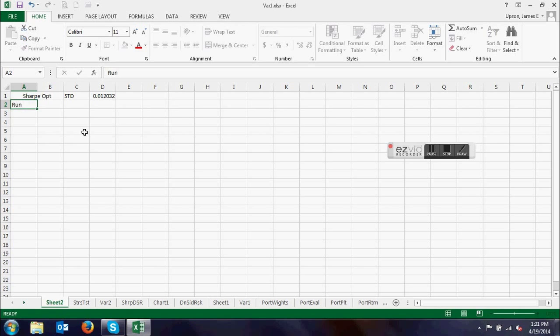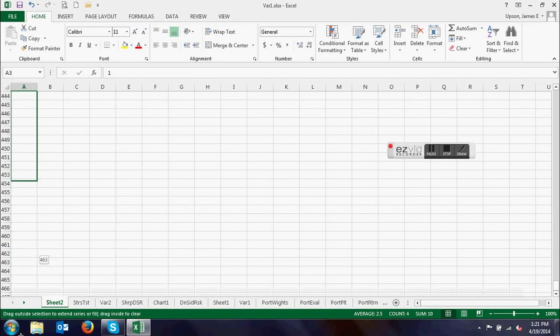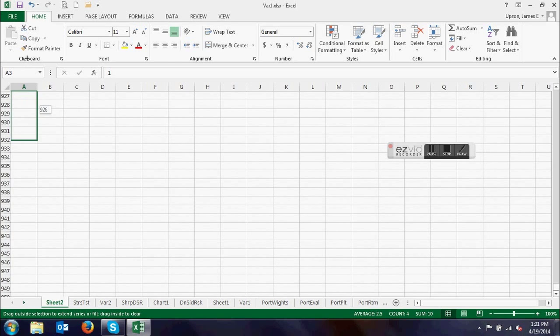So run, RTRN, loss. The run is going to be, again, 1 through 500. For this Monte Carlo simulation, we don't necessarily need 500, but we can work with it. It just matches. We could do 1,000, we could do 100, we could do 10,000.